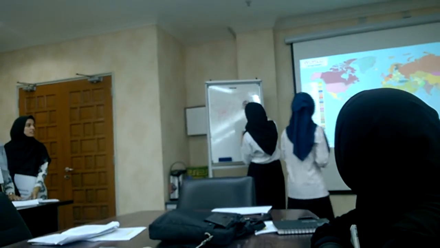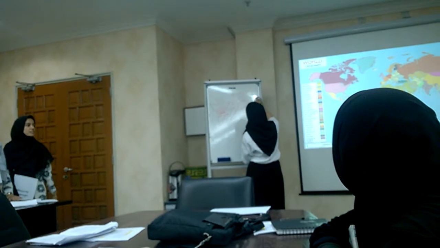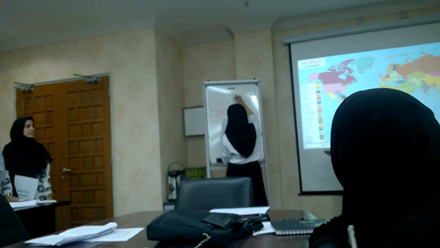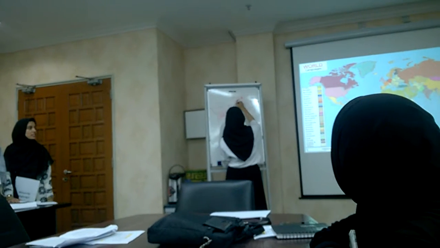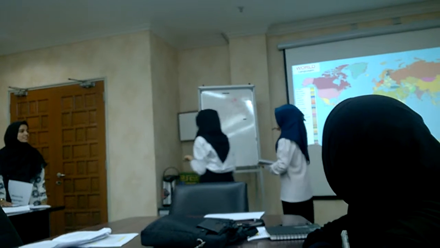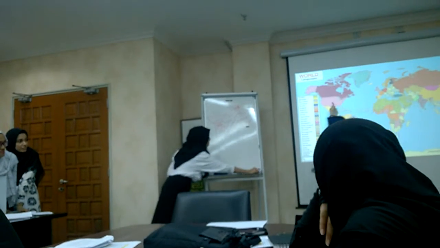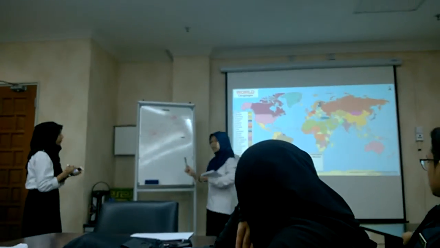Okay, so these are the maps, and if you can see, these are the languages used in each country. But here, what Iman has been drawing is actually the majority languages that are being used in this world. This part is English. All these countries are using English, and this particular area is using French.